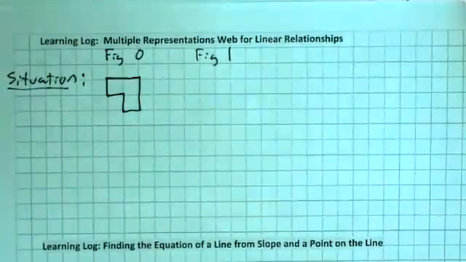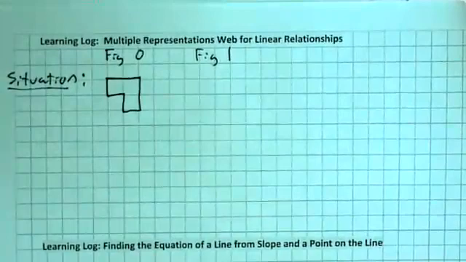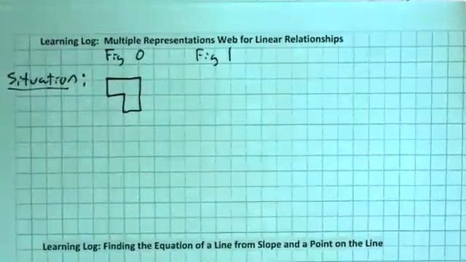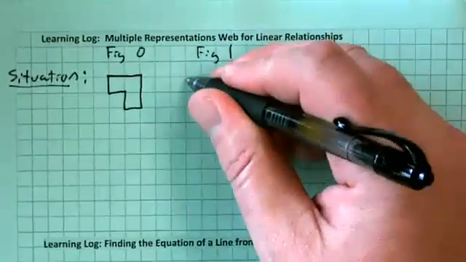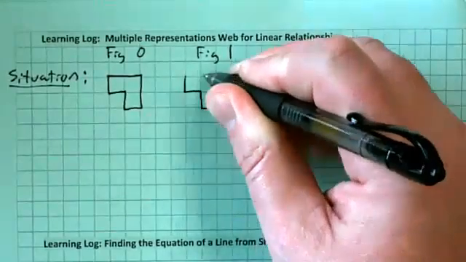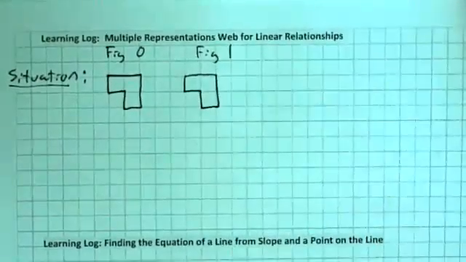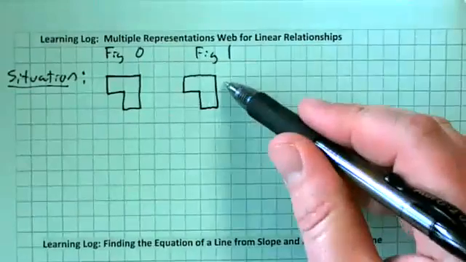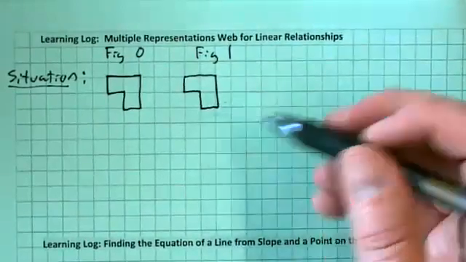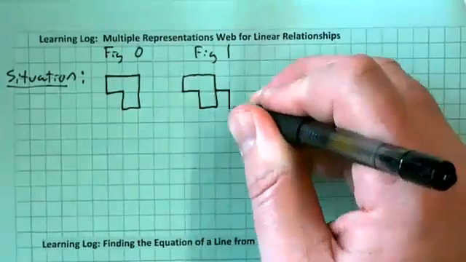How many do you want to add on each time? 1? We'll just do 1? Okay. So I'm going to add on 1 each time. So let me draw my original. And where do I want to put that 1? Bradley, do you have a preference? You want to put it over here or down here? Okay, anybody have a preference? Down here? It makes a little bit of an S shape.